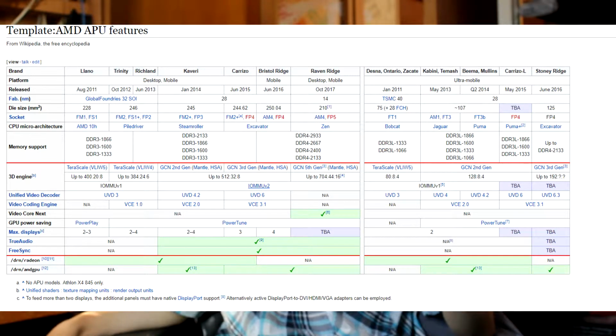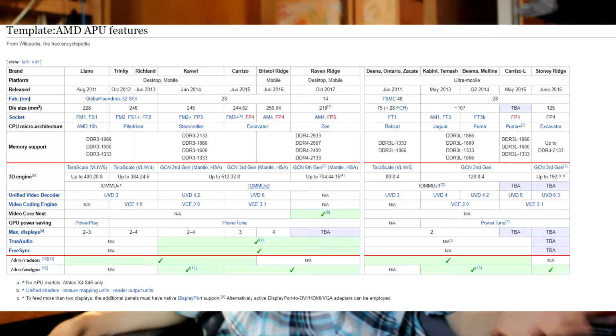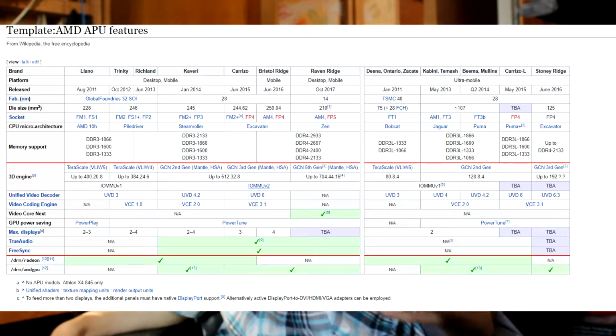It didn't have a universal video encoder, so you couldn't encode video through your GPU at that time, as the 5000 series didn't support that natively.